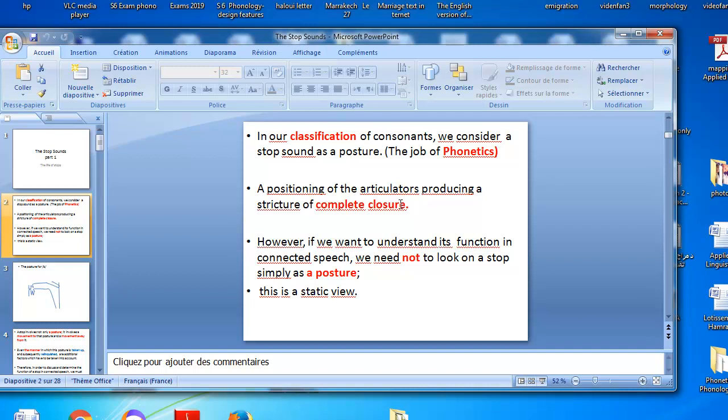Because we imagine there is a point of contact between the back of the tongue and the velum or the soft palate. So we put some kind of picture which is static, which shows to us how k is being articulated. Same thing for p, m, t, d and the others.